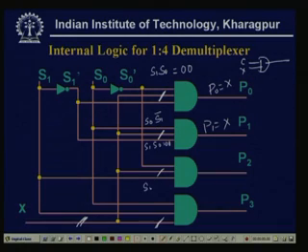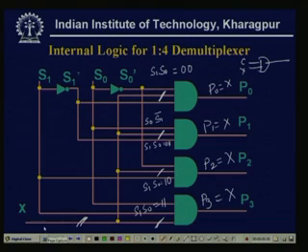Similarly, here it will be S1 S0 equal to 1 0, and here S1 S0 equal to 1 1, so this is P2 equal to x, and here P3 equal to x.